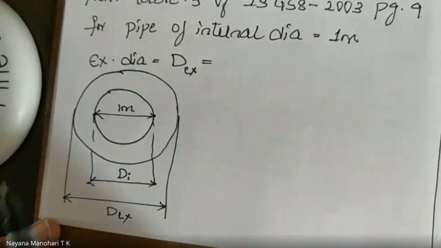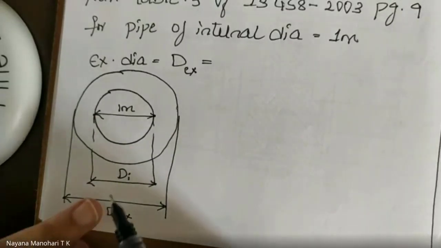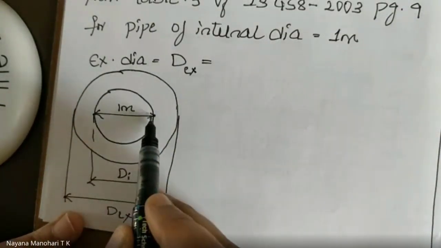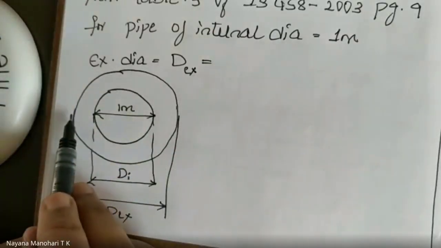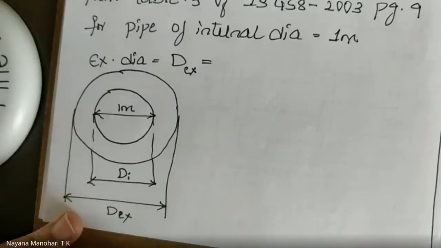When you cut the section of that pipe perpendicular to the length direction, it will look like this. This inner circle is the inner diameter of the pipe, and the outer circle, from this end to this end, you call it the external diameter. It is denoted by DX. You need to calculate this value.